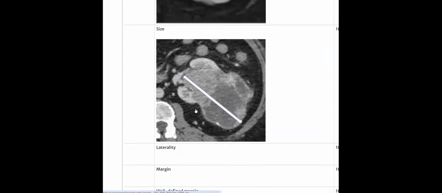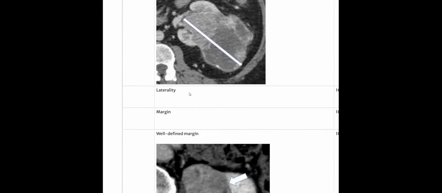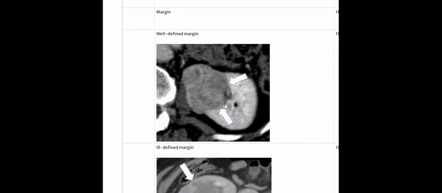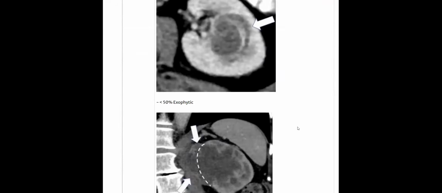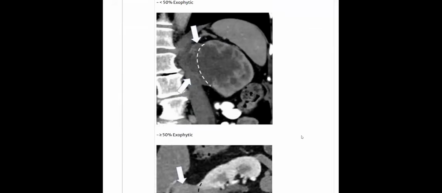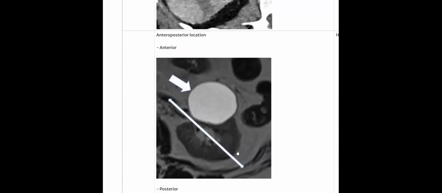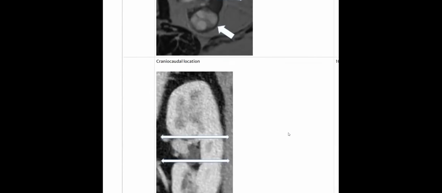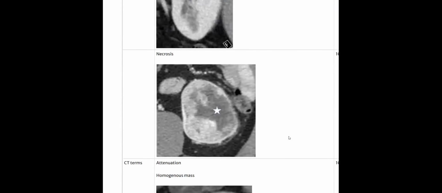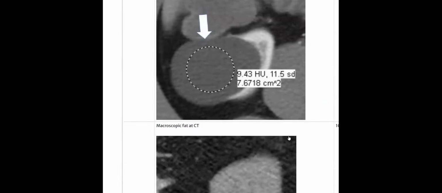They talk about its composition, how it looks, solid or cystic, size, laterality, margin, whether it is well-defined or ill-defined, growth patterns like endophytic, less than 50% exophytic, more than 50% exophytic, anterior versus posterior according to this imaginary line, craniocaudal location, presence of necrosis, heterogeneity or homogeneity, and a couple of other descriptors.